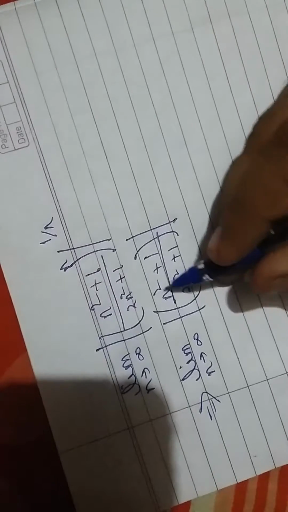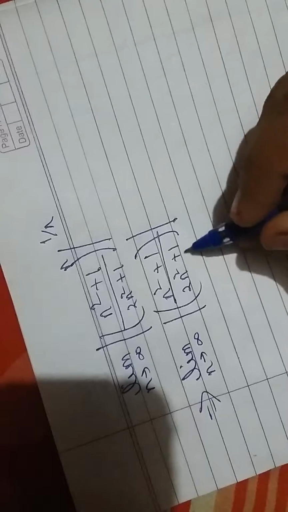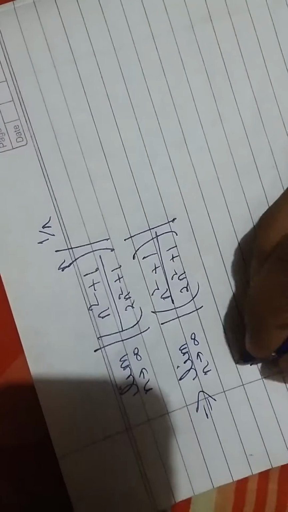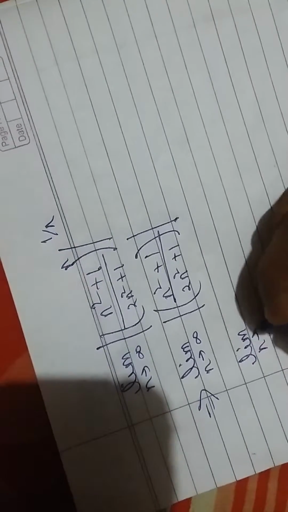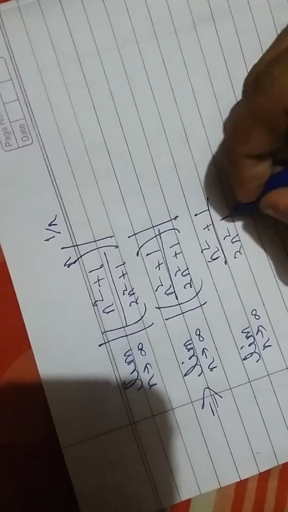As we see that n square is a positive term and 2n square is a positive term, and plus 1, plus 1, so we can take it as n square plus 1 and 2n square plus 1.